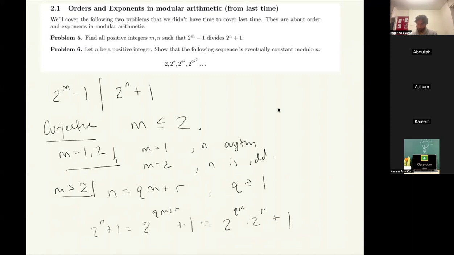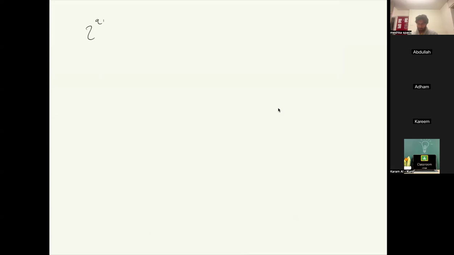Okay, we consider this expression mod 2 to the m minus 1. So we consider 2 to the qm times 2 to the r plus 1 modulo 2 to the m minus 1. I wanted to show that it cannot be congruent to 0. So the claim is that it is not congruent to 0. Okay, and why is that?